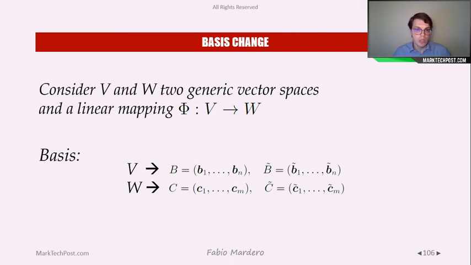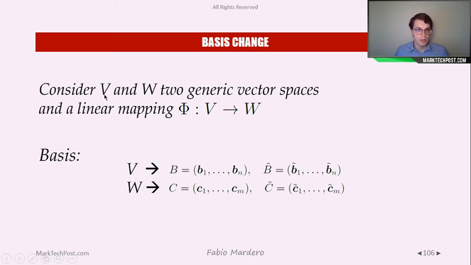Now I want to discuss with you basis change. Don't worry, the concepts will be a little bit complex, but we will come back to them in further courses, in particular when talking about matrix decomposition. Here we will take a look at a general presentation of the concept of a basis change. We will generalize what we have previously said.